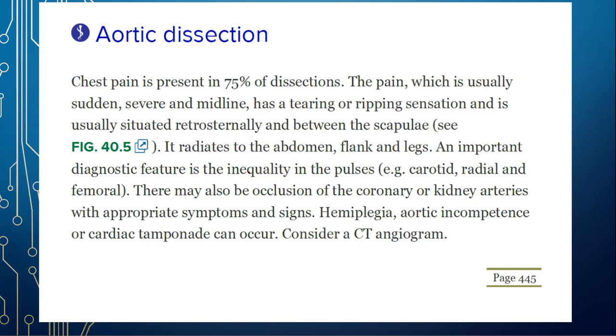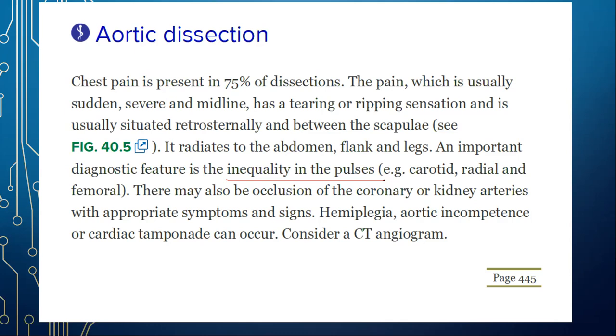The important diagnostic feature is inequality of the pulses. So you can get radioradial delay, you can get radiofemoral delay. That's also very important for aortic dissection. Although this delay is more common in coarctation of aorta, anytime if you check the radial pulse in both arms, you will see some delay.